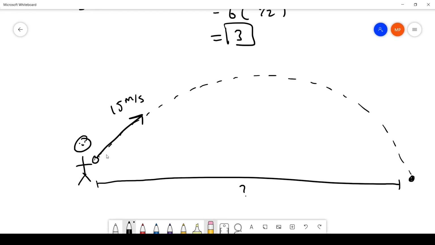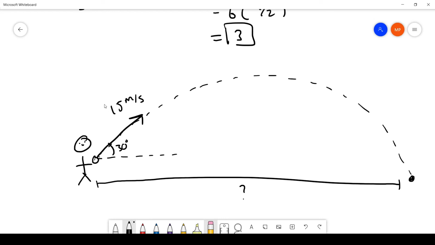We're going to also want to know an angle, right? Because if you just throw it straight up, it's not going to go anywhere. If you throw it straight across to the side, it's just going to quickly fall. But let's just say in terms of this problem that he threw this at an angle of 30 degrees to the floor.